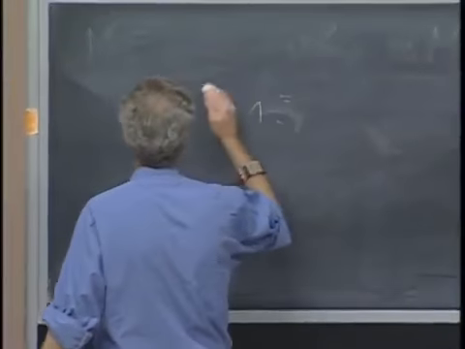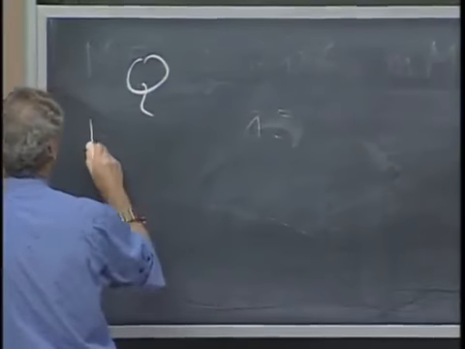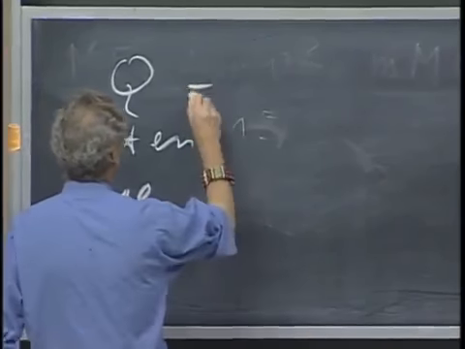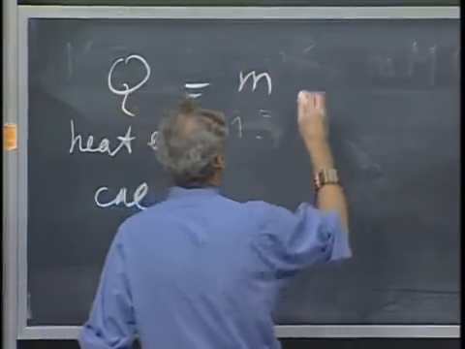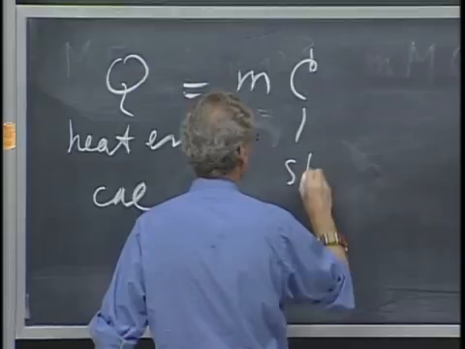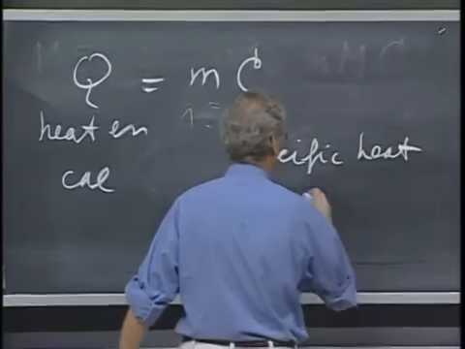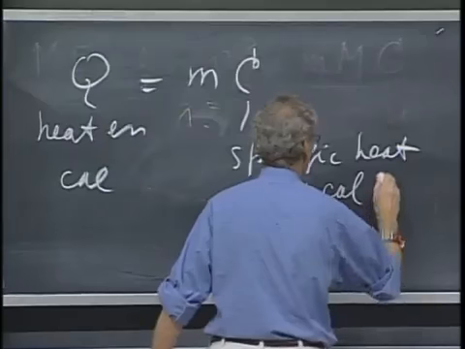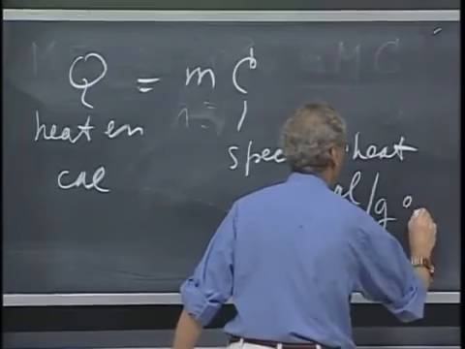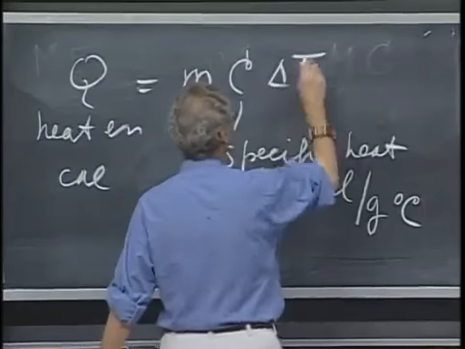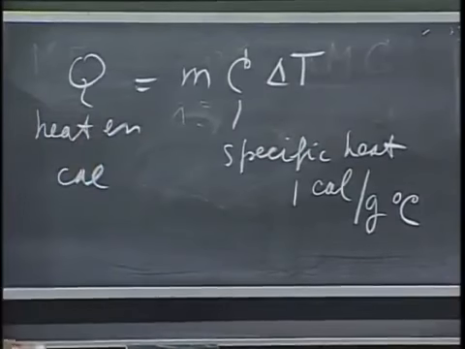And so in general we can write that Q, which is heat energy, which is in calories, is the mass of the object times the specific heat, which for water would be 1 calorie per gram per degree centigrade times the temperature increase that we apply.